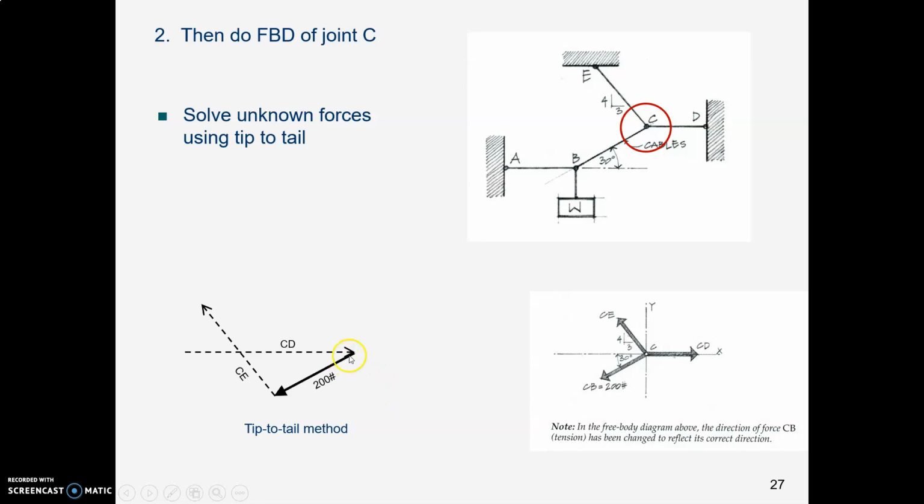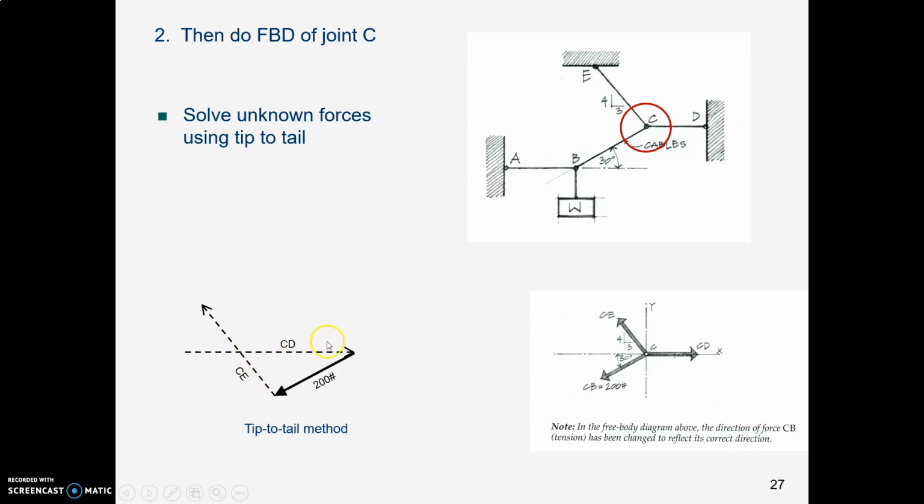Now you can do tip to tail. This BC is 200 units long. CE, we don't know how long it is, but we know the angle, so we can put it tip to tail at some length. And CD, we don't know how big it is, but we know it's horizontal, and so we can put it tip to tail.